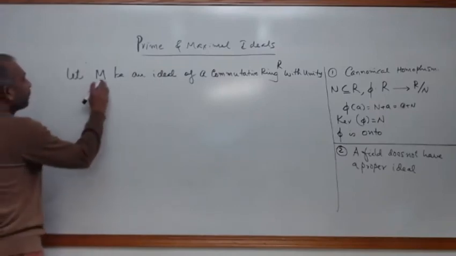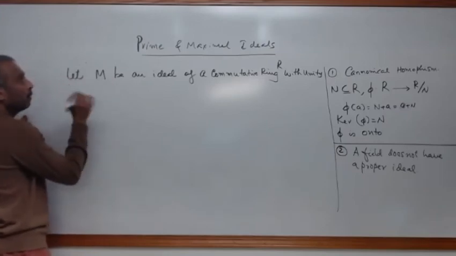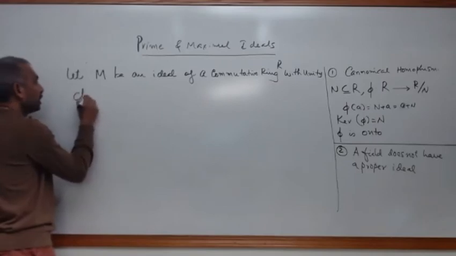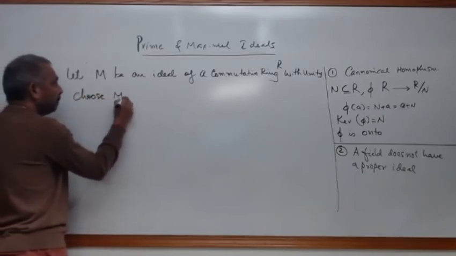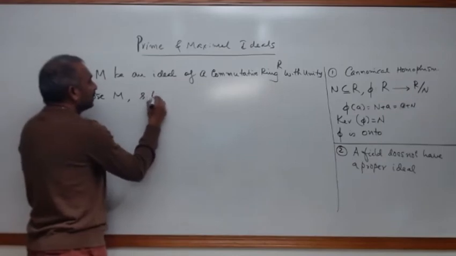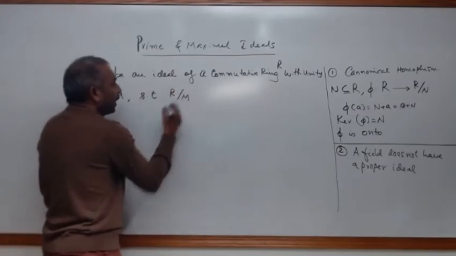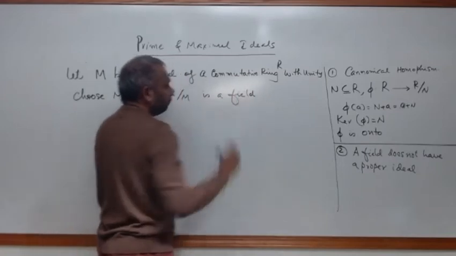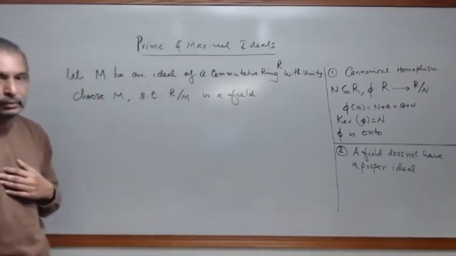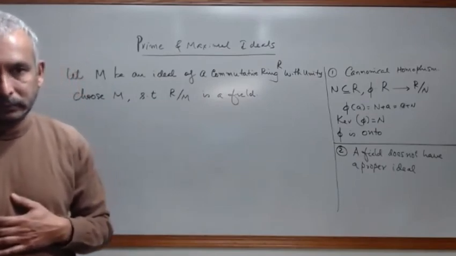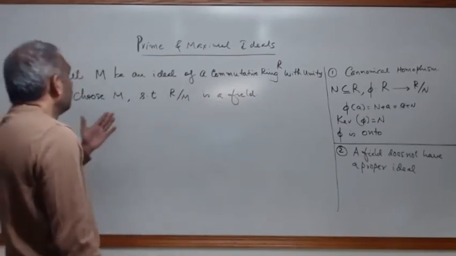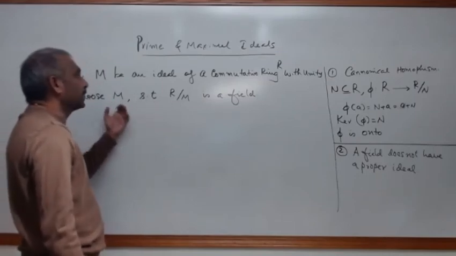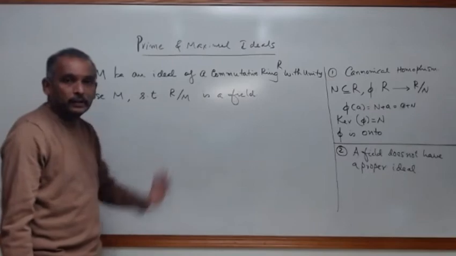Now this is not any ideal. So choose this M such that R over M is a field. It may not be possible, but if it is possible, choose an M such that R over M is a field.